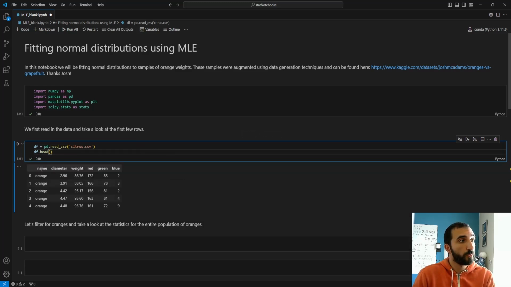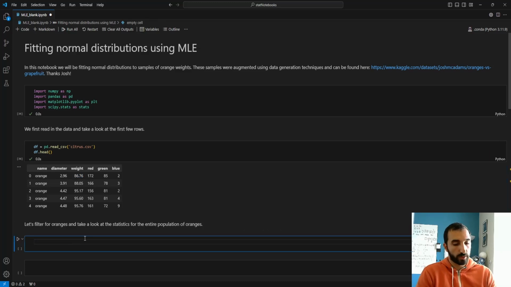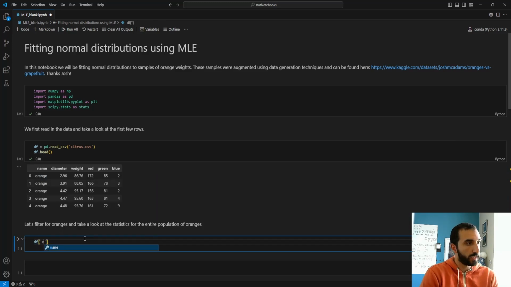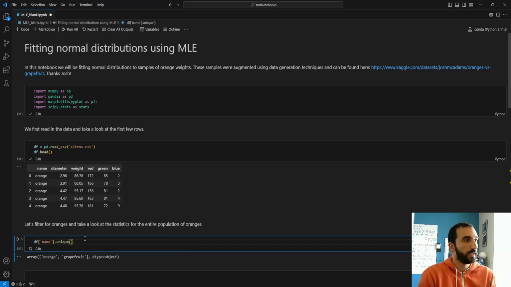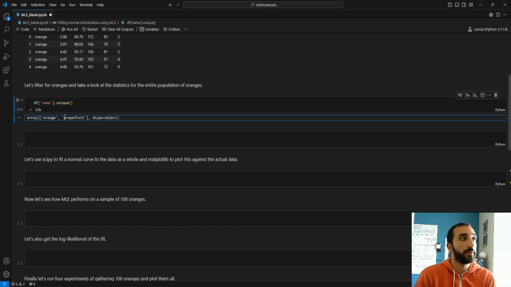So we have 6 columns here, and we're mostly interested in the weights column here, and we only want oranges. So let's take a look at what's in this name column. So what you can do is df of name.unique, and that'll give you all of the unique entries in the name column. So we have oranges and we have grapefruits. We only want oranges.